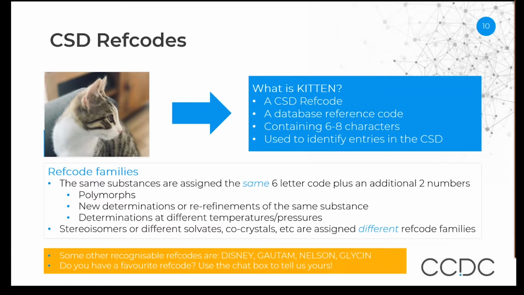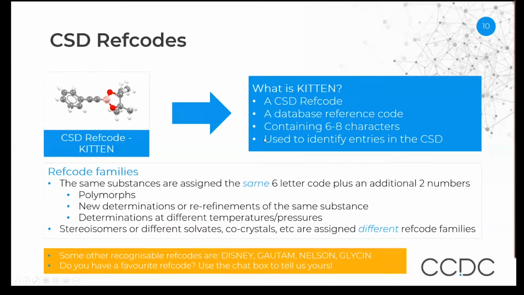So as well as being a cute cat, kitten is a CSD ref code. A CSD ref code is a database reference containing 6 to 8 characters. It's used to identify entries in the CSD. The same substances in the CSD are assigned the same 6-letter code, with an additional 2 numbers if they're in the same ref code family and they're the same substance.